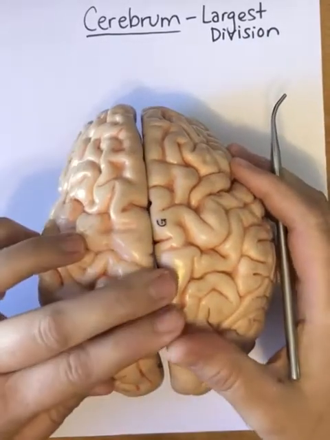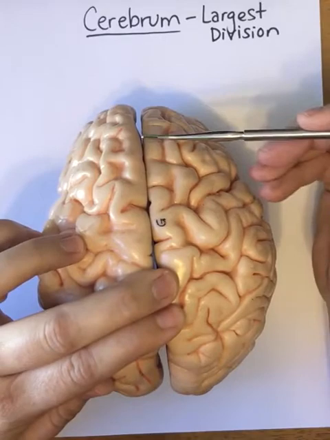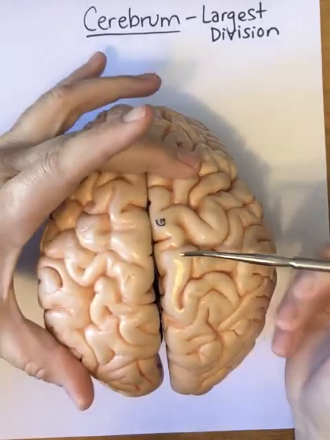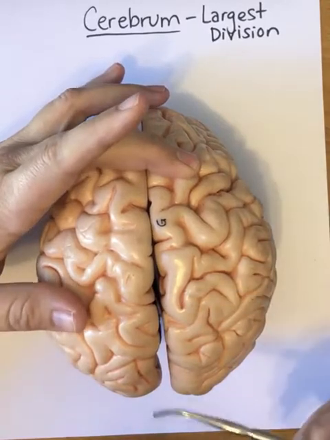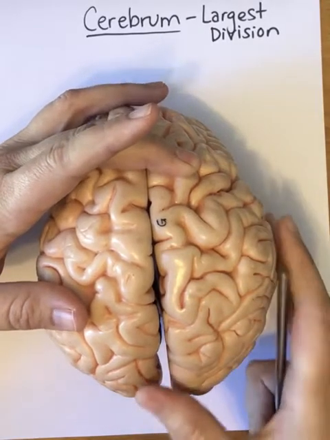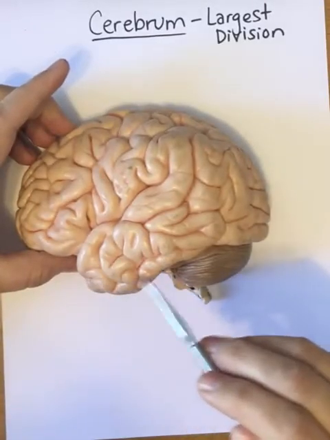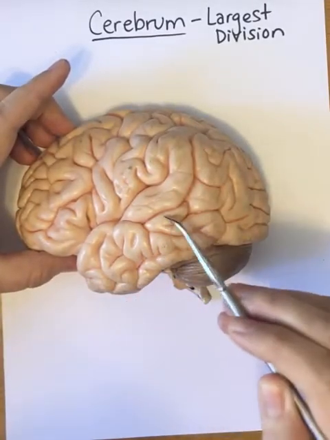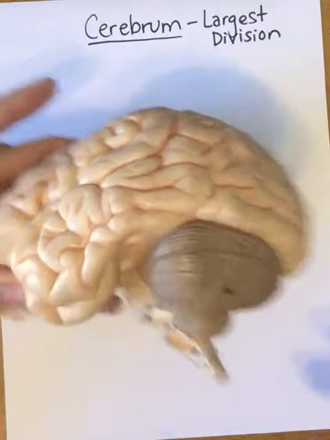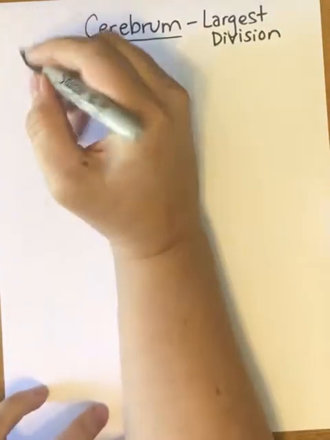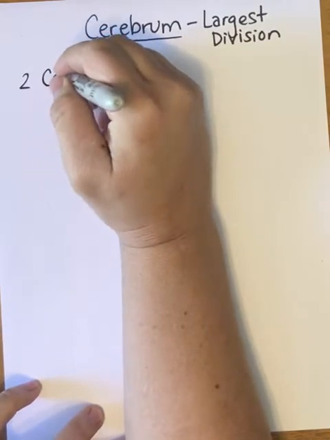This is the anterior section here, your frontal lobe. In the back, behind this, is your parietal lobe, and in the very back is your occipital lobe. When you're looking at it from the side, this would be your temporal lobe. So we have to have division markers to divide it. When we talk about the cerebrum, you would say that there are two cerebral hemispheres.